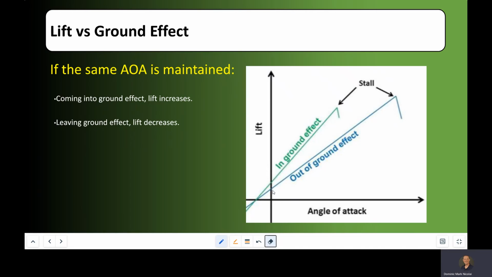When we're talking about ground effect, it actually begins at one wingspan above the ground. Very insignificant at that point there. And it's not until you get to a half wingspan that you begin to notice the effect of the ground. Hence, ground effect.